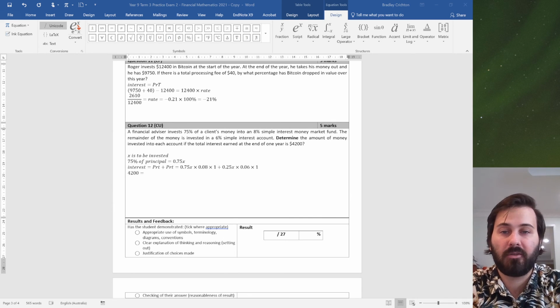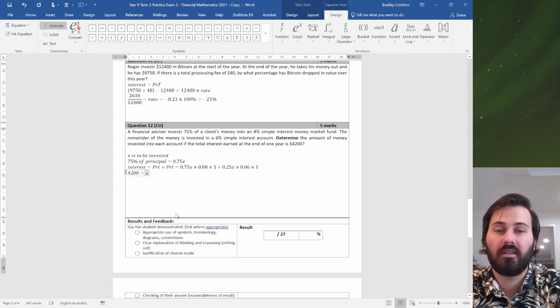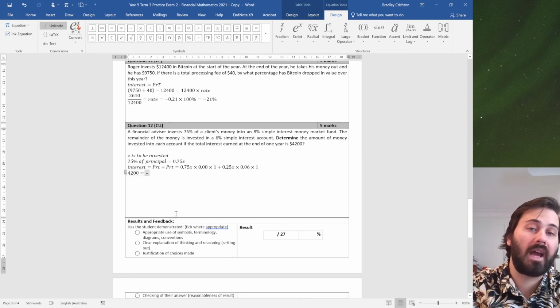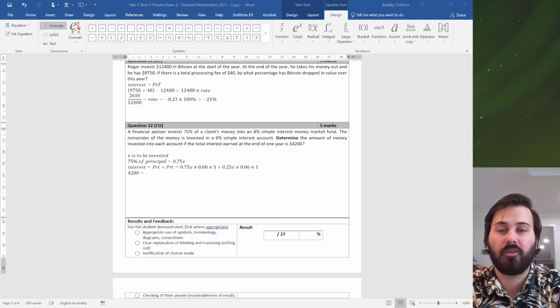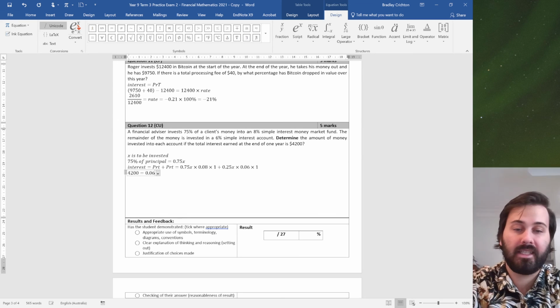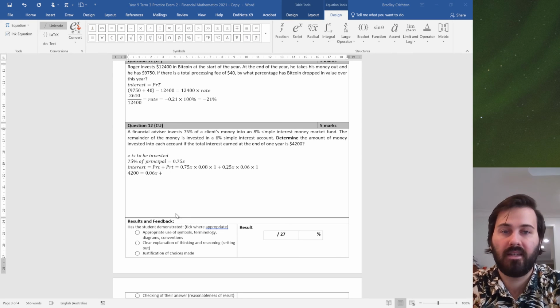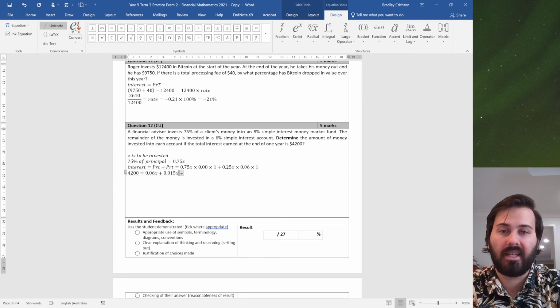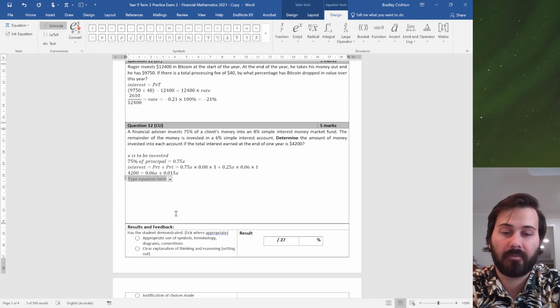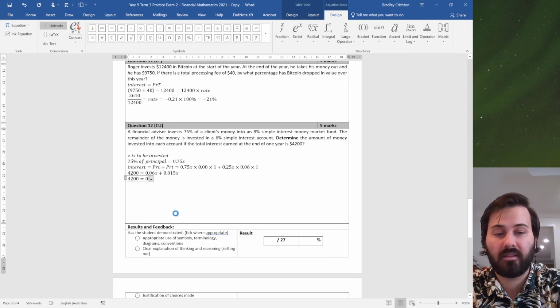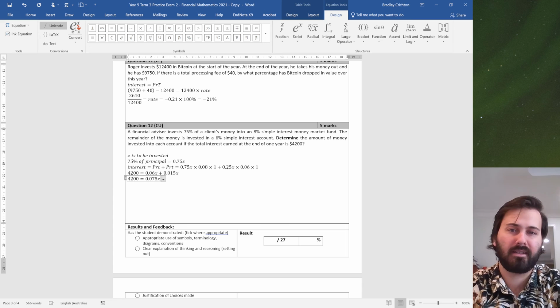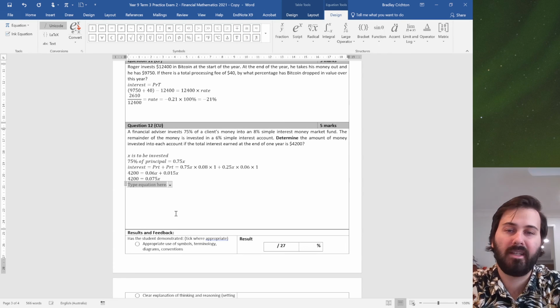So 0.75 times 0.08 gives us 0.06x, plus 0.25x times 0.06 is 0.015x. Now we can add those two values together, which gives us 0.075x. Now, can you see what we're going to do here?